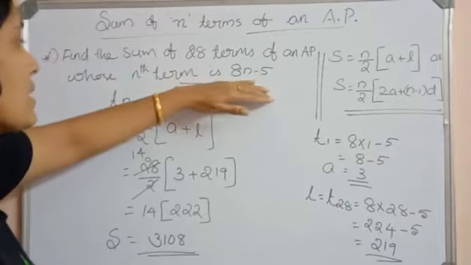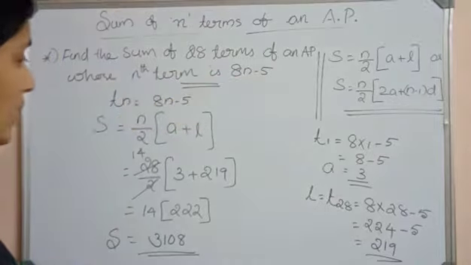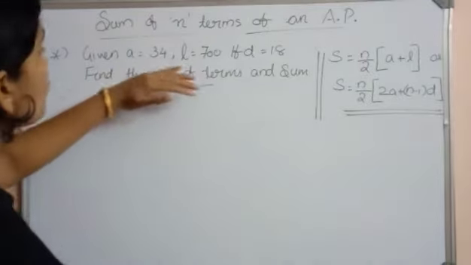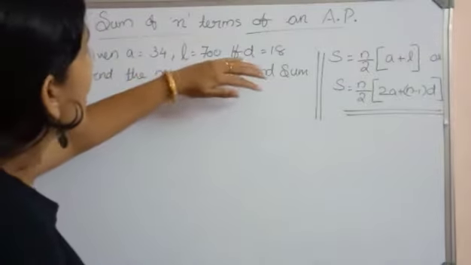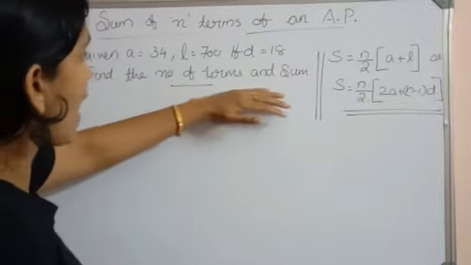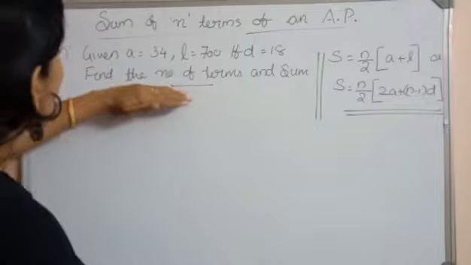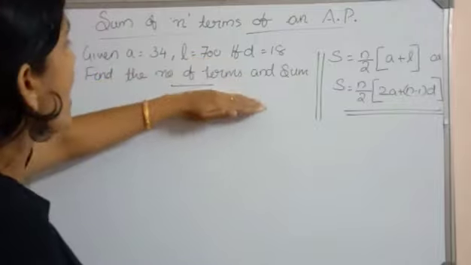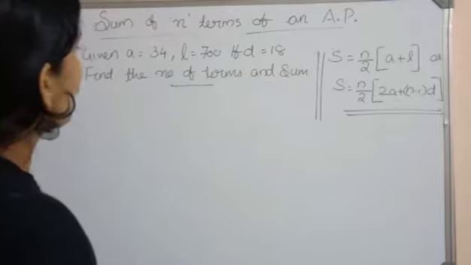Let's consider this question now. It's given a is 34, the last term is 700, and d is 18. Find the number of terms and the sum. From this question we need to find how many terms there are in this AP and what is the sum of all the terms of that AP.